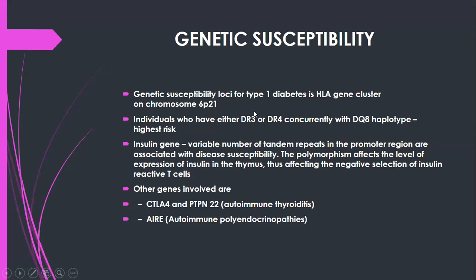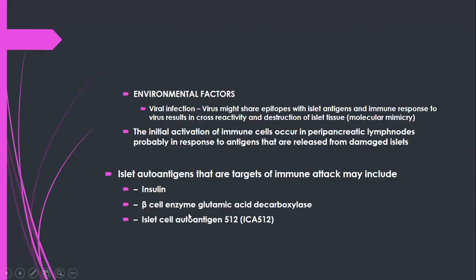Now, these are the genetic contributors to the development of type 1 diabetes mellitus. Okay? So under the cluster of chromosome 6p21, individuals either have DR3 or DR4 or DQ8. Now, other genes involved are CTLA4, PTPN22, and AIRE.